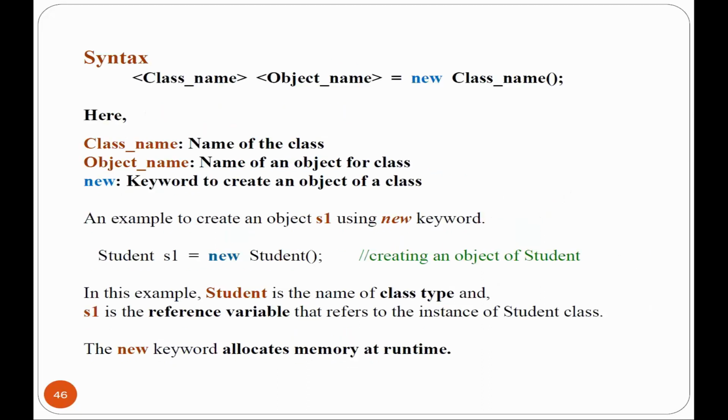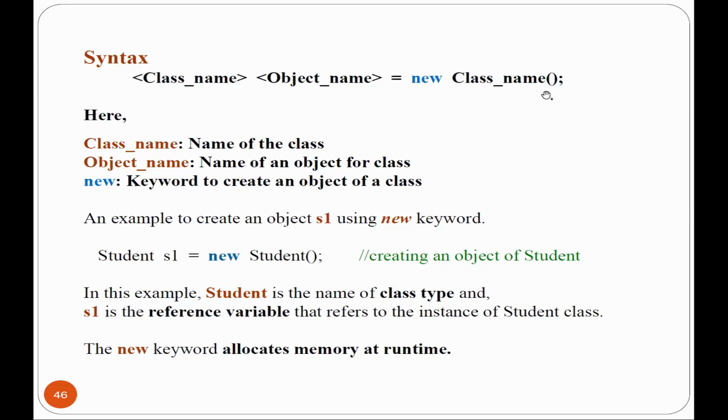The syntax. What is the syntax here? First is the class name. It's like a data type, a user defined data type. Then the variable name, which is the object name. Then the keyword new. The new keyword is used to allocate the memory at runtime. That's why we are using the new keyword here.